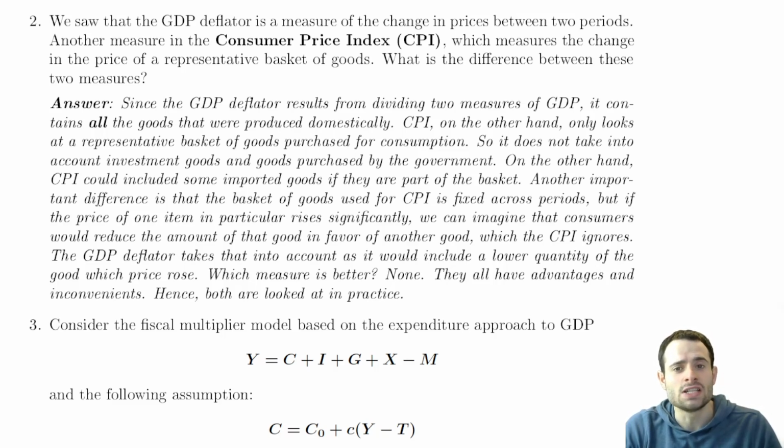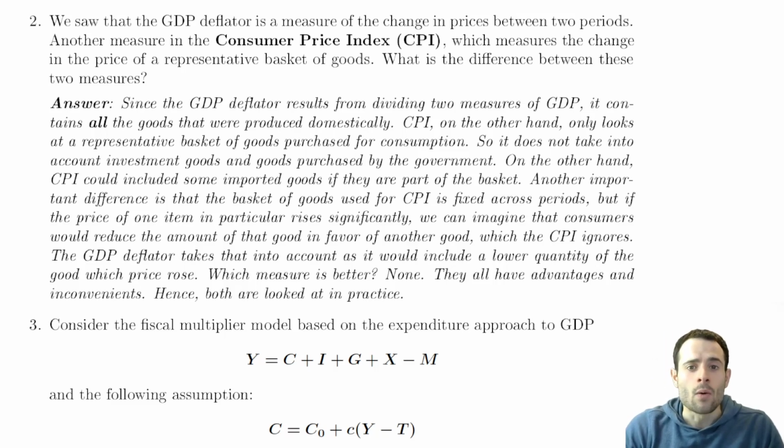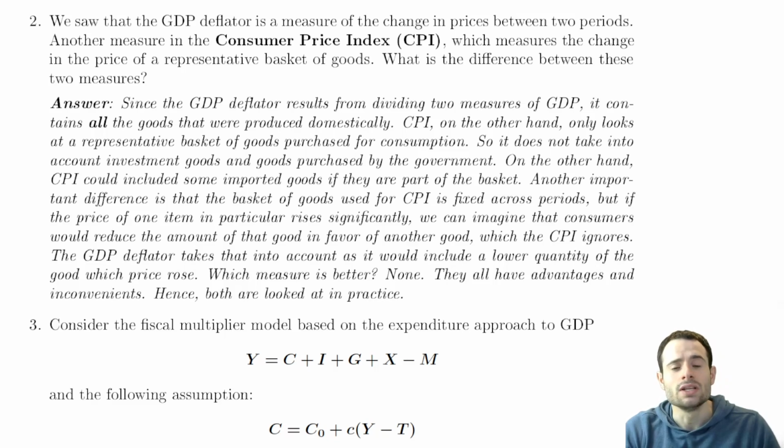But this average is being weighted by how much each of these goods represent in one's budget. Rent represents a significant portion of most people's monthly budget. So, if rent increases a tiny bit, that would still represent a substantial increase in prices overall because rent takes a big part in consumers' budget.